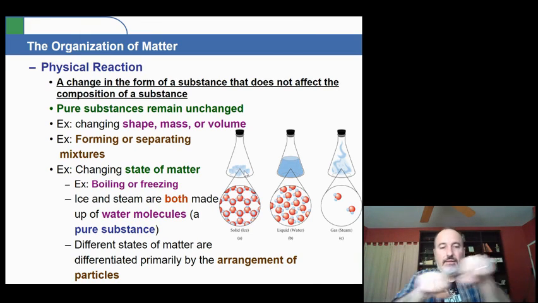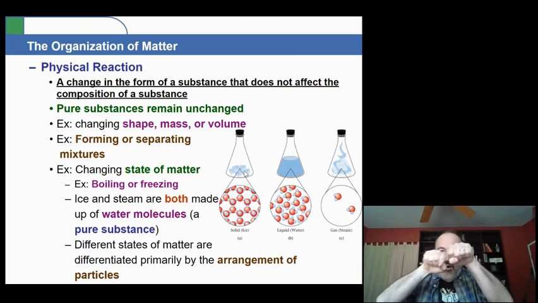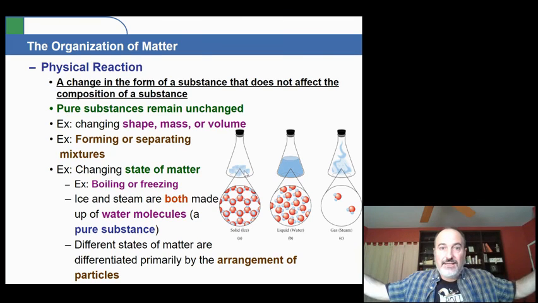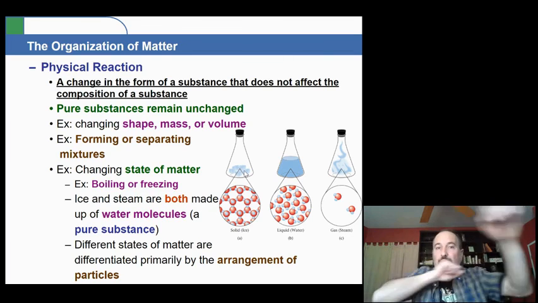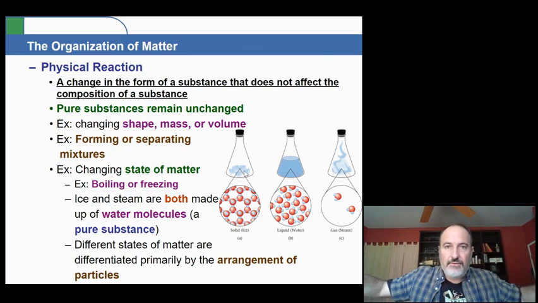Liquids, though, are touching, not held in place, but the particles are physically moving about. So that's like liquid water. Whereas a gas, like steam or technically water vapor, the particles are very far apart and moving around at high speed, sometimes bumping into each other, but still very far apart from each other.